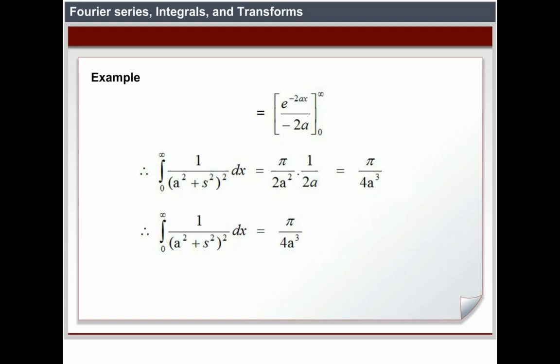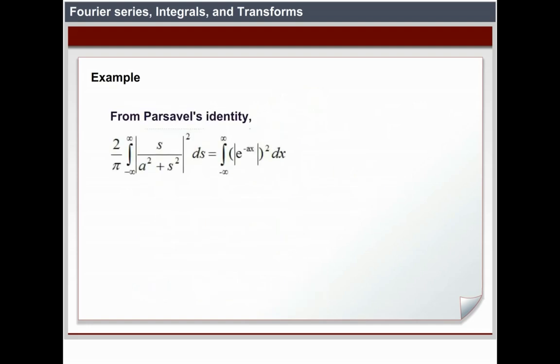Also, capital Fs of f of x equal to s divided by a square plus s square. From Parseval's identity, 2 by pi integral minus infinity to plus infinity modulus of s divided by (a square plus s square) whole square ds equal to integral minus infinity to plus infinity modulus of e power minus ax whole square dx.